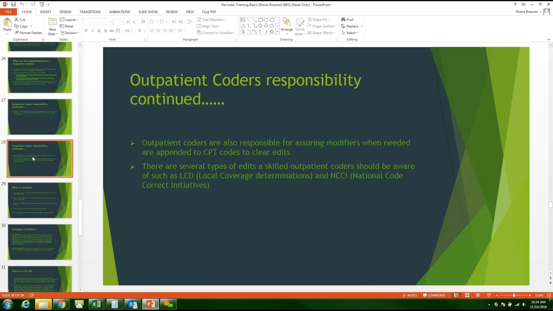Outpatient coders are also responsible for assigning modifiers when needed. They are appended to the CPT codes to clear edits. There are several types of edits a skilled outpatient coder should be aware of, such as LCD, local coverage determinations, and NCCI, National Correct Coding Initiative.